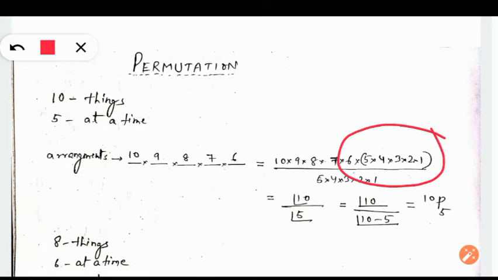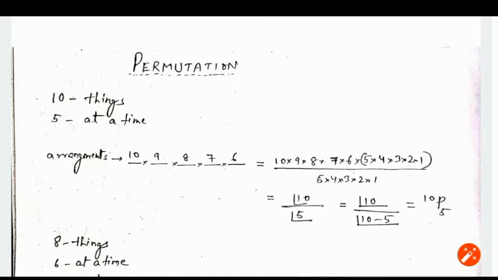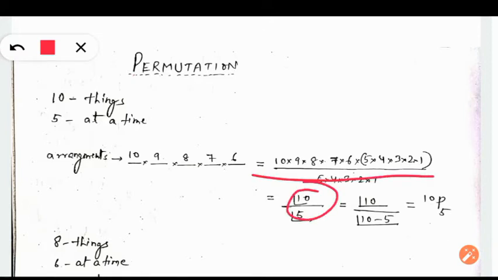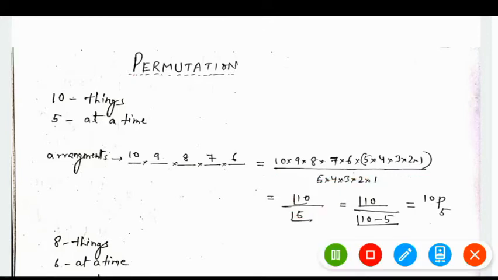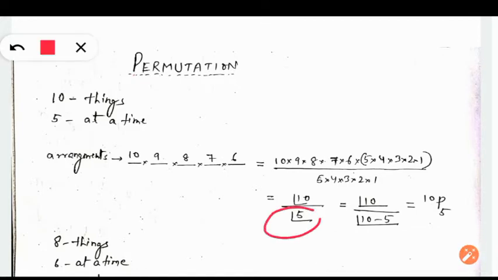As I am writing 5 into 4 into 3 into 2 into 1 in the numerator, I have to write the same thing in the denominator in order to balance it, right? So 10 into 9 into 8 and so on till 1 is 10 factorial, we know. And in the denominator what we have is 5 into 4 into 3 into 2 into 1, which gives you 5 factorial, right?